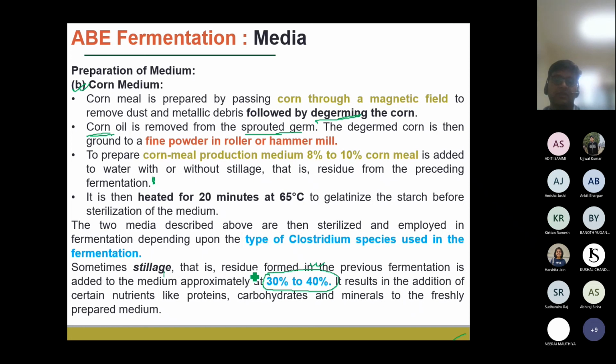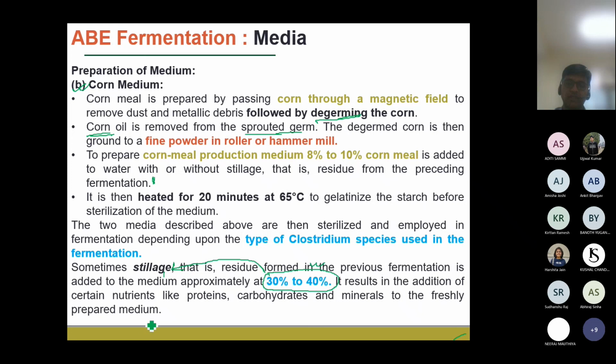It is classified with this new term because the inoculum is generally in the range of 5 to 10%, but in this case 30 to 40% of biomass residues are taken, so they are called stillage.